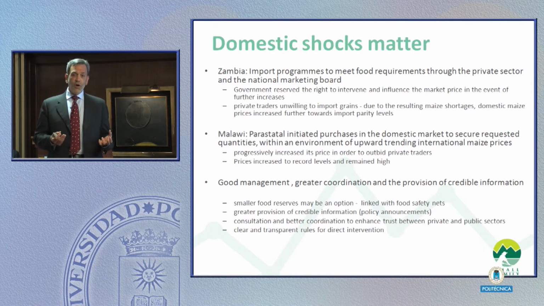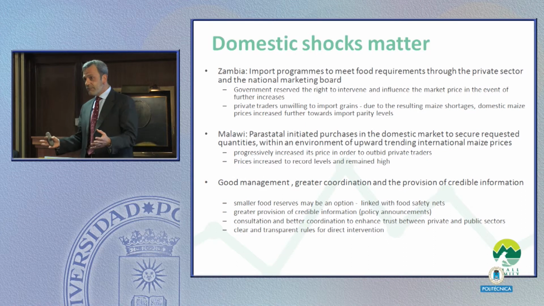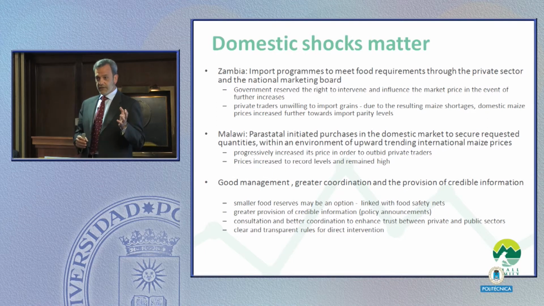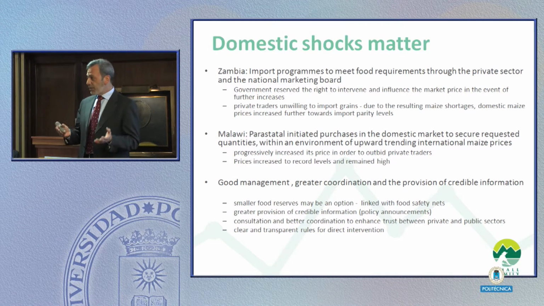They needed only 200,000 tons of maize. So the government went to the private sector and said, look, we're open. You import 100,000 tons, so we work with you, and our marketing board imports another 100,000 tons. And then the private traders said, fine, we will do that, but we want guarantees from you, the government, that with your reserve, you are not going to intervene in the market.